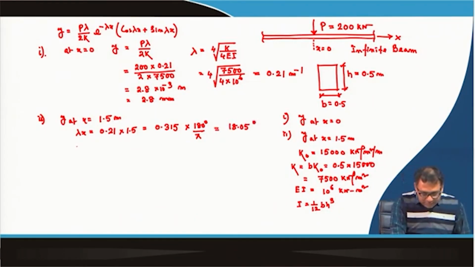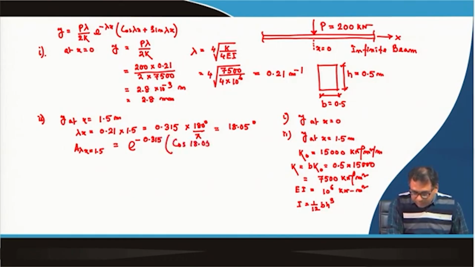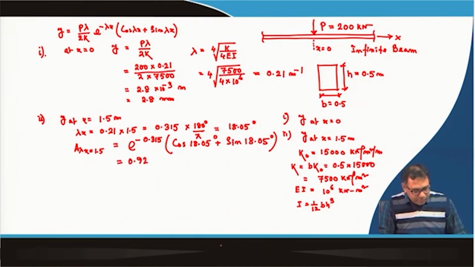So, I can write e to the power minus lambda x, that is e to the power minus 0.315, then cos 18.05 degree plus sin 18.05 degree. So, this value is coming out to be 0.92.